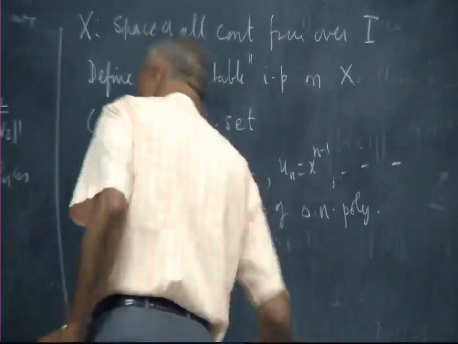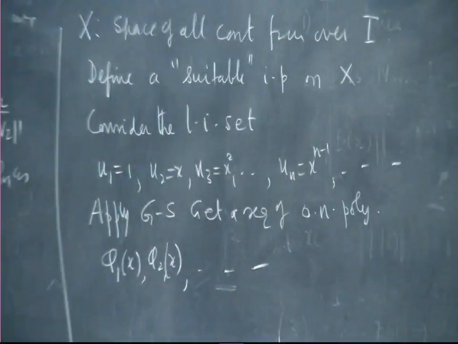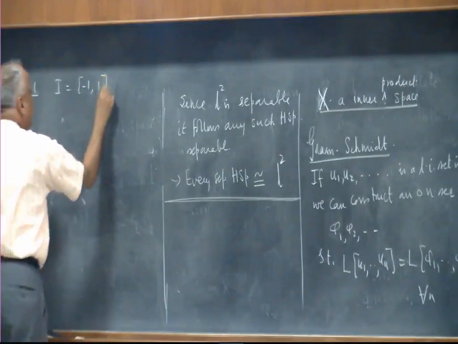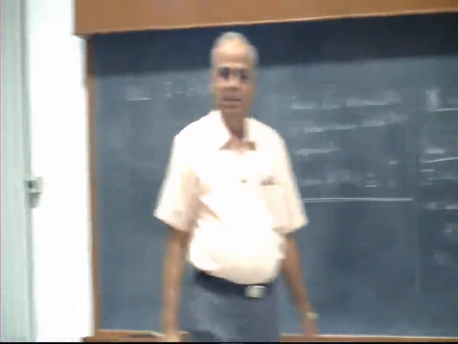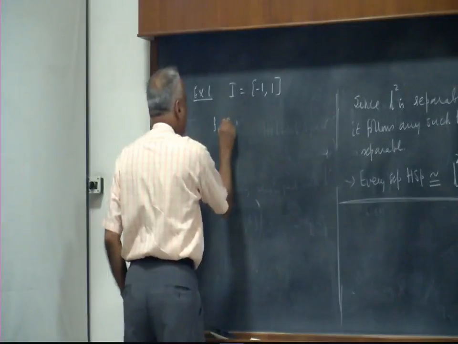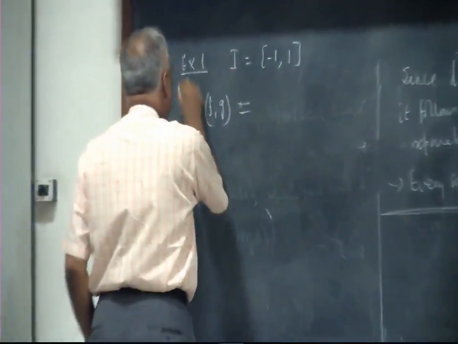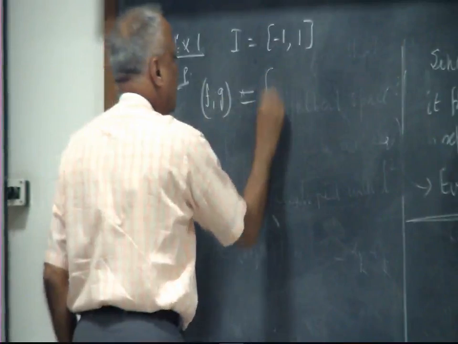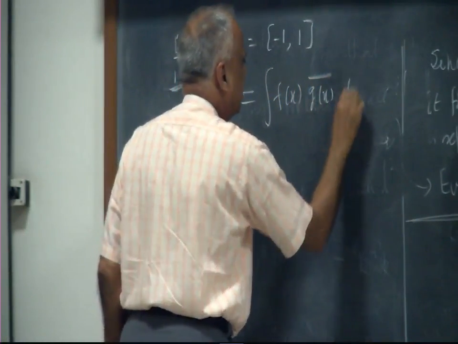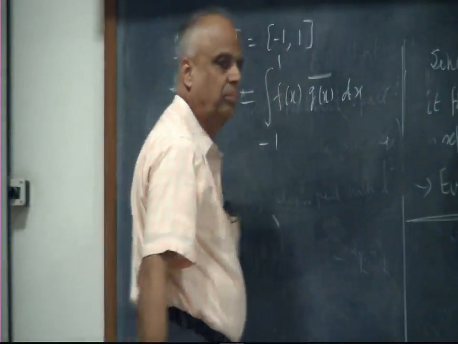For example, example 1. Let us take I to be the interval minus 1 to 1, standard. In that case, I can simply define the inner product of f and g to be the integral from minus 1 to 1 of f(x) times g(x) bar dx.